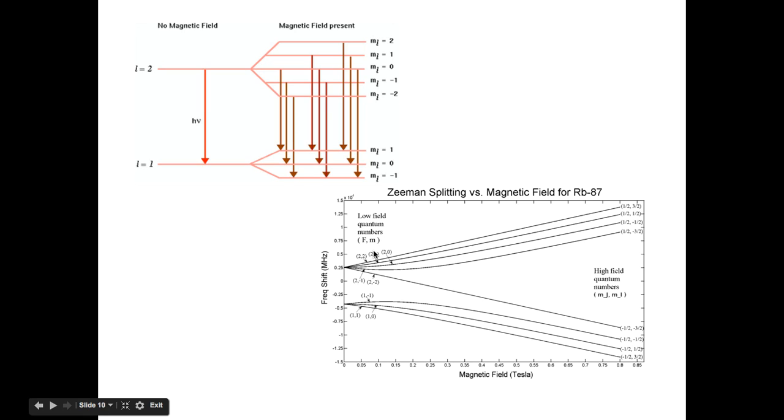I think they're using a different basis than us, but the point is that the basis changes as you go from the weak field to the strong field, right? But you can see that the magnitude of the splitting grows with the strength of the magnetic field. Okay, and that's for, I don't know what RB is, rubidium. I have no idea.